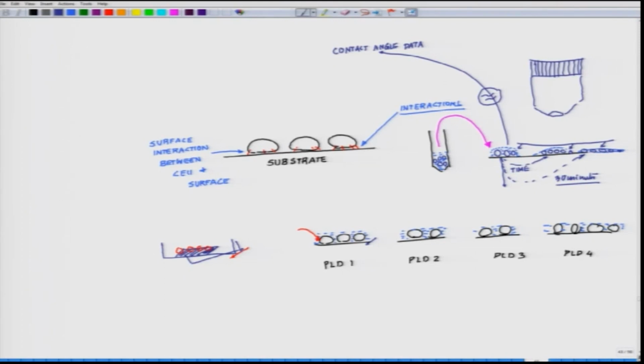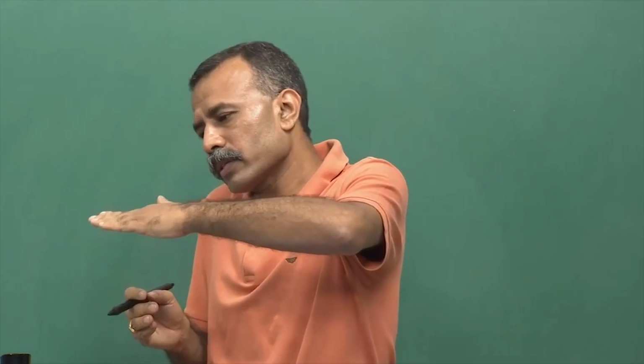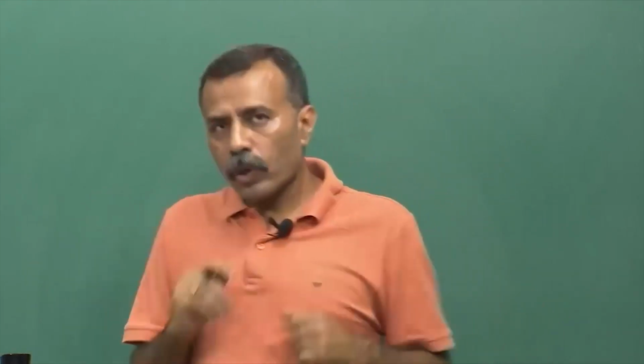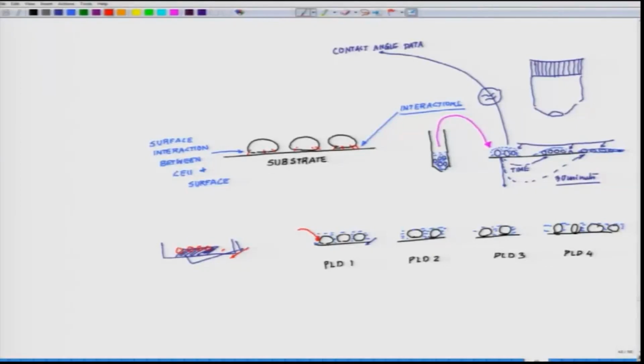Very small, maybe this much, just a slight tilt. If these cells have attached on that substrate, you will still see some cells rolling down. It's a very nice sight to see. They will be hopping down, rolling down, but still you will see cells which look as if they are almost sticking to that surface.